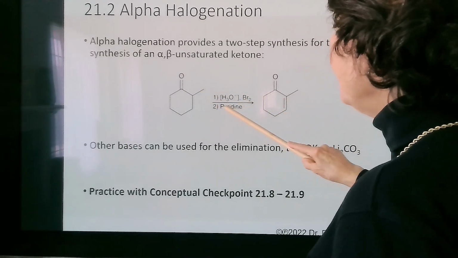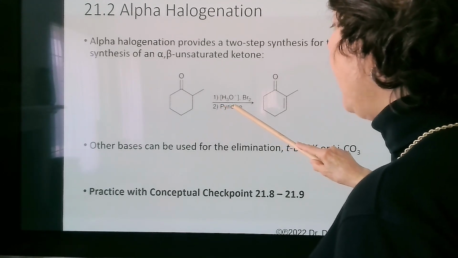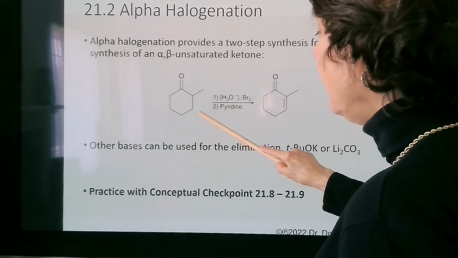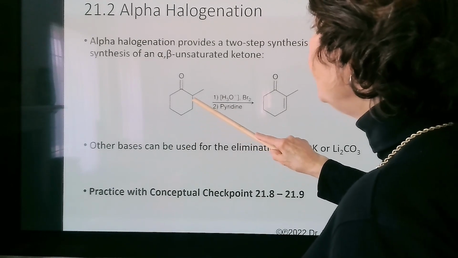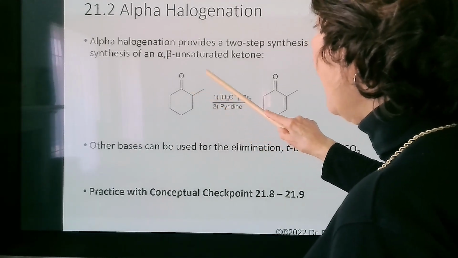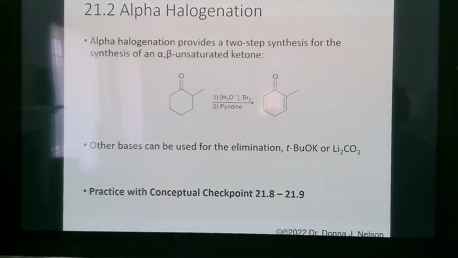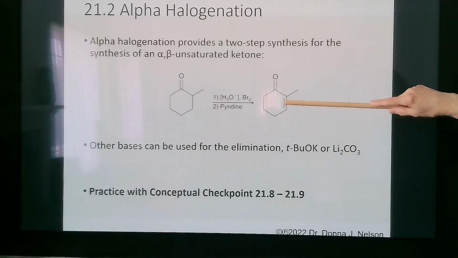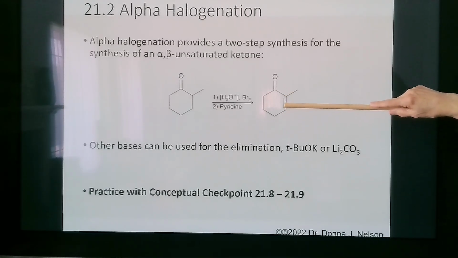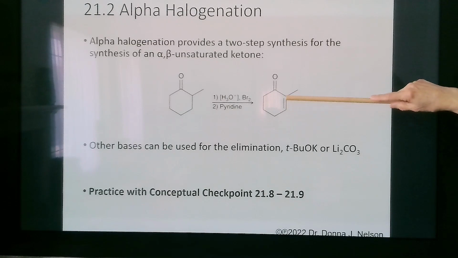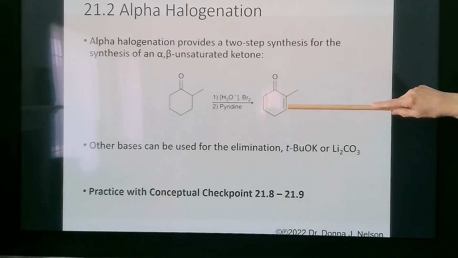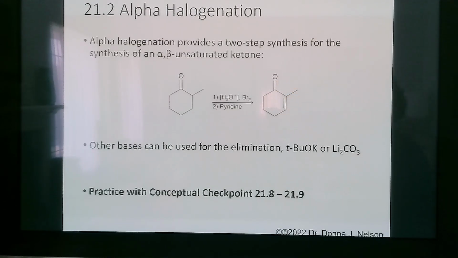Then add pyridine. The pyridine functions as a base. It comes in, removes a proton here, generating a double bond, and bromide departs. So that is how the unsaturation is formed. So this is an alpha-beta unsaturated carbonyl.